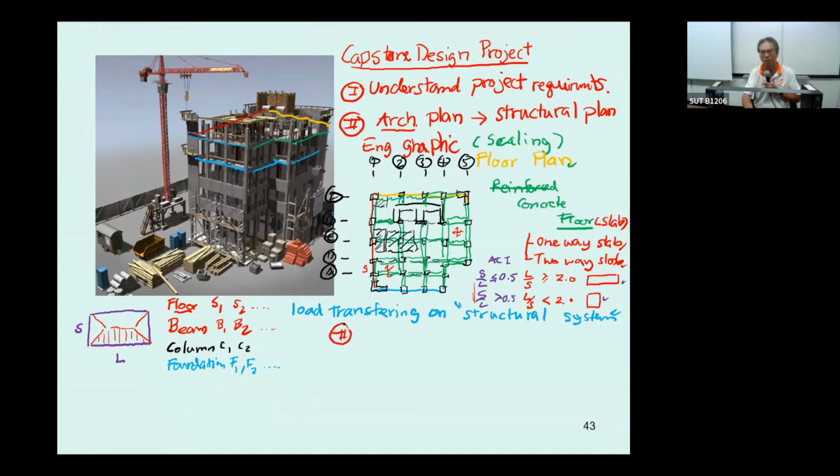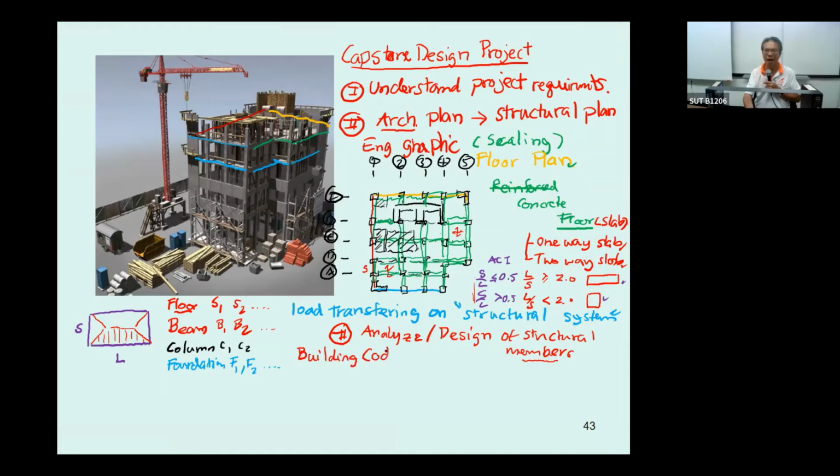And following this, you have to do the third step. After you get the floor plan, you have to do the analysis and design of the structural members. There are floors, there are beams, there are columns. But before you can do this analysis and design of members, you have to go to the building code.